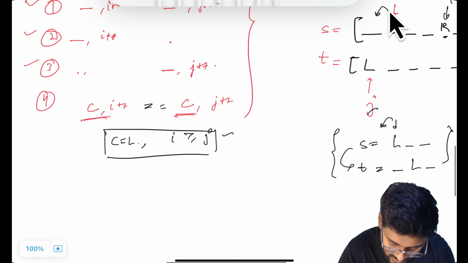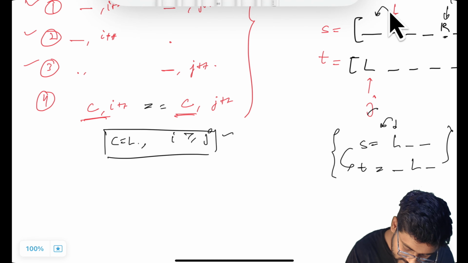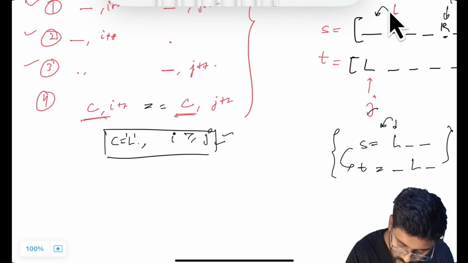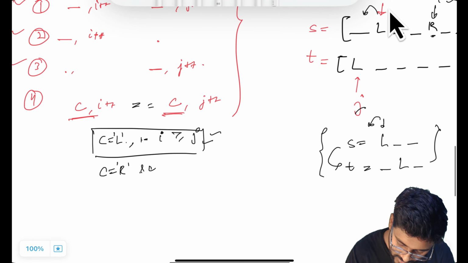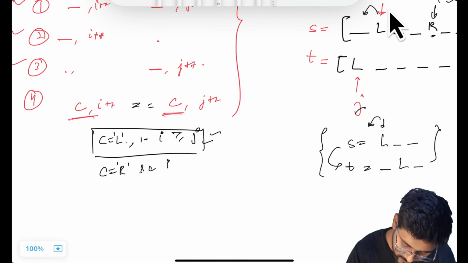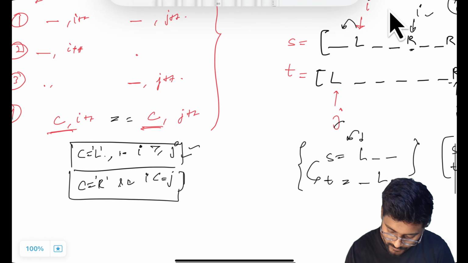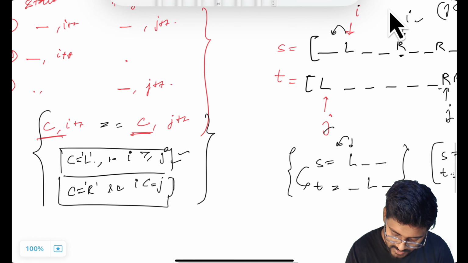So when these characters are same, we have a couple of conditions. If the character is equal to L, we will check if this is the combination of our indices. If the character is R, in that case, I should be less than or equal to J. Okay, I think only these two conditions are there.